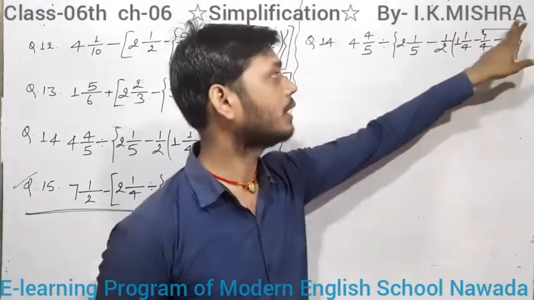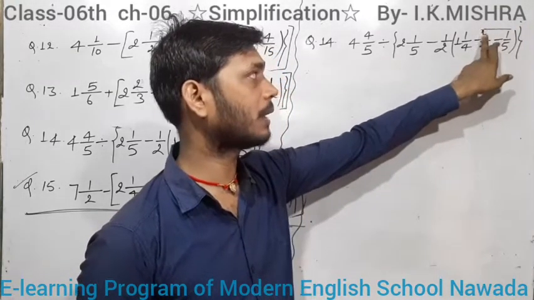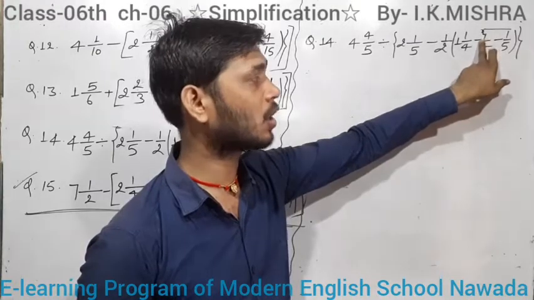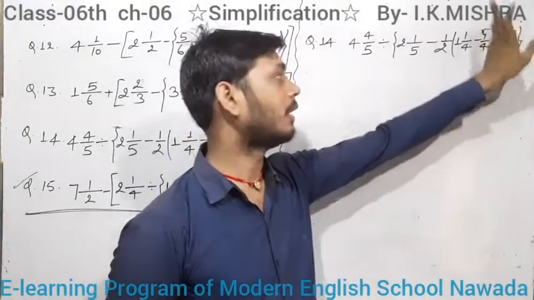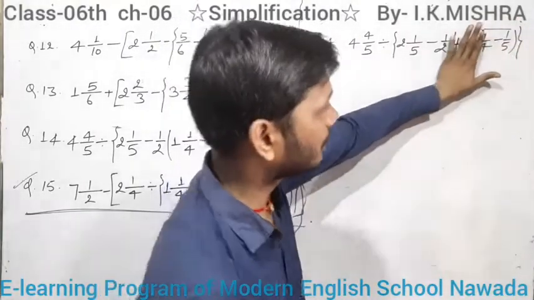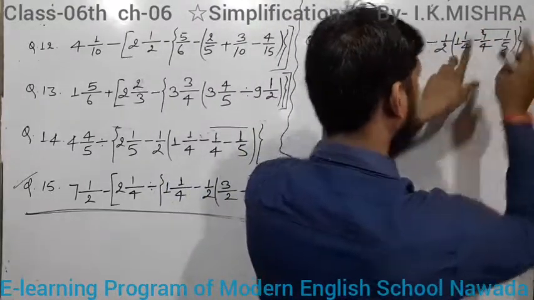Students, suppose here a bracket is started, and before the bracket a minus sign is there. The minus is not under the bar bracket. Students, here do the process as positive and as negative.